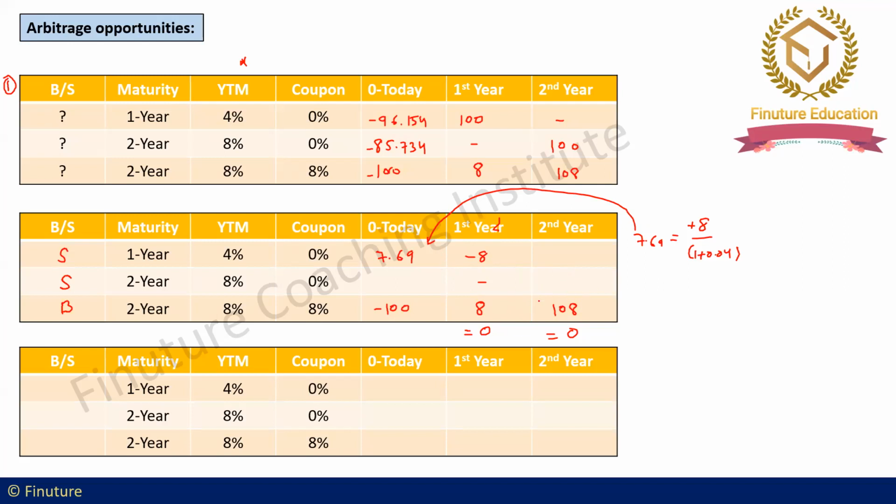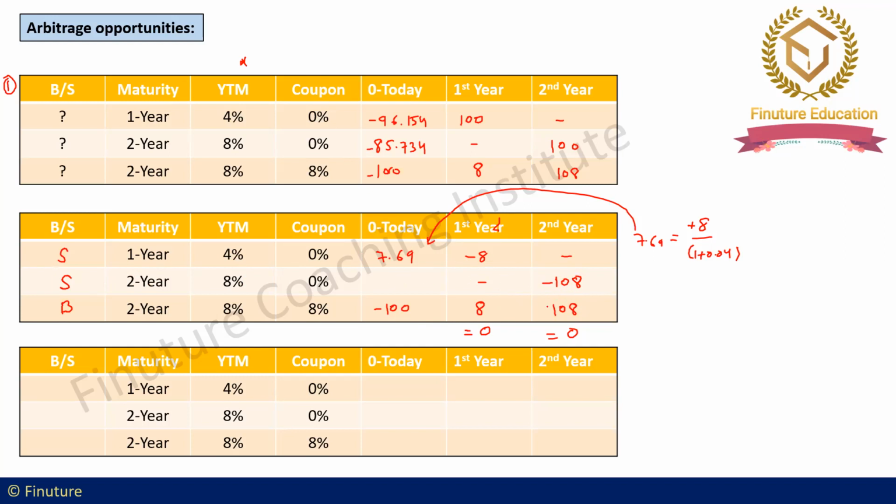So what we'll do? This is a 1 year zero coupon bond, so it will not have anything at the second year. Now what I need to do is, I want to sell 108 at the second year. If I sell this bond in the second year to get 108, I need to get a similar quantity.